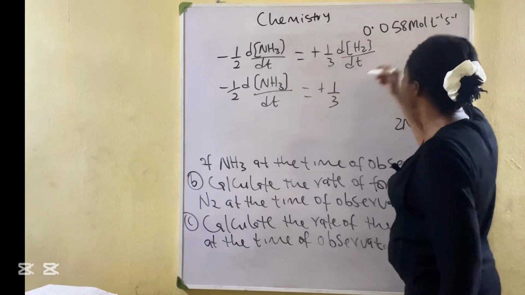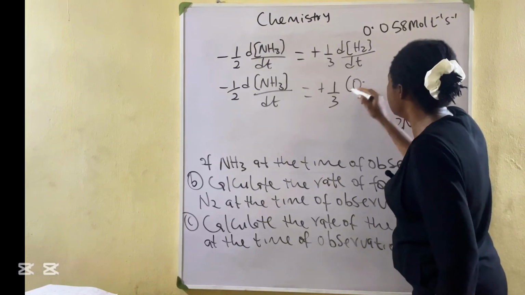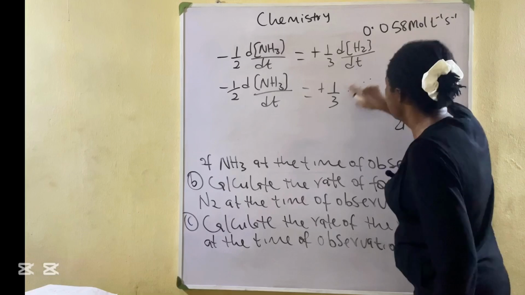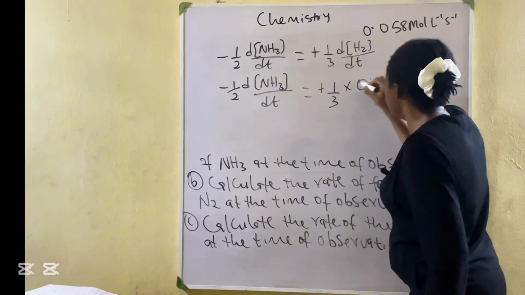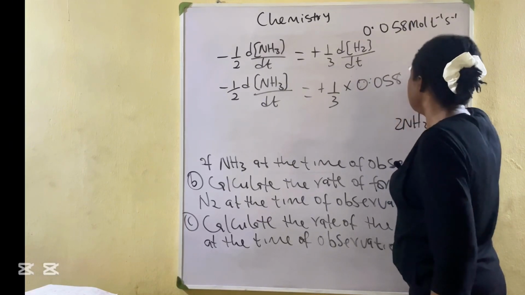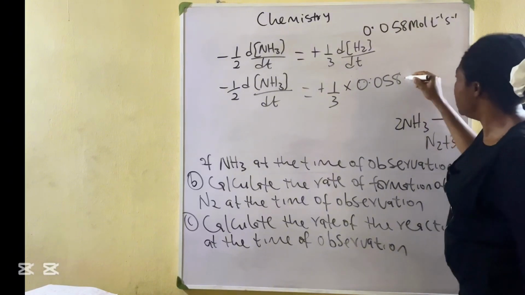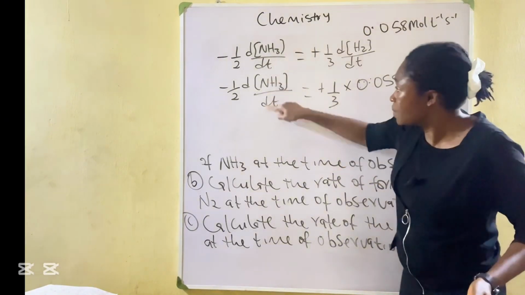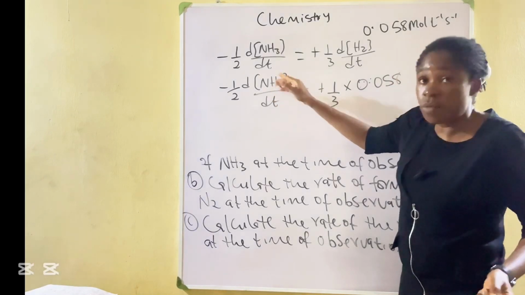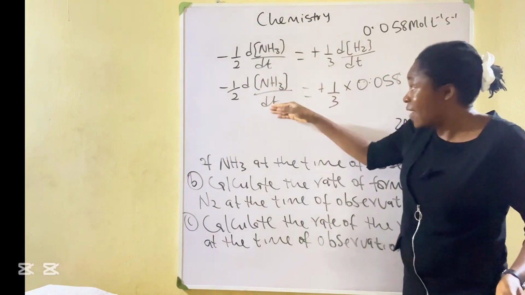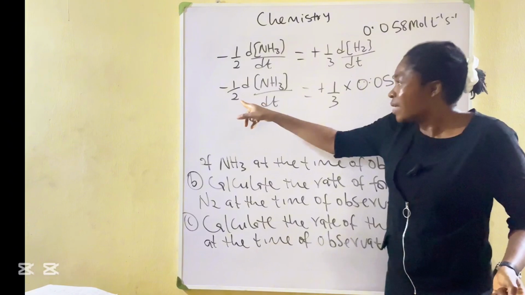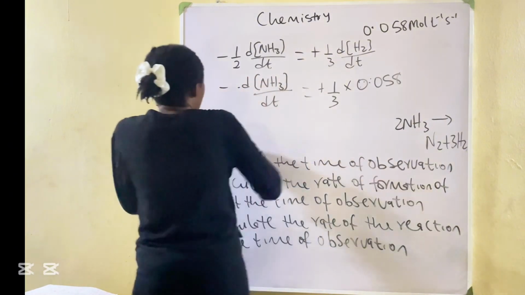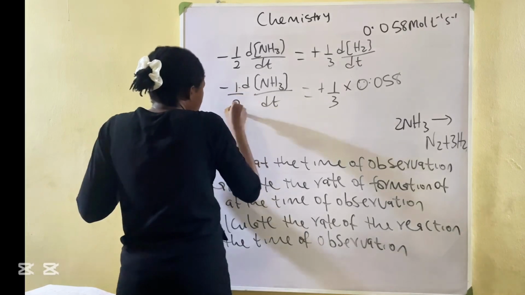So the value for the hydrogen is 0.058 mole per dm³. So how do I get this? Consider ammonia, change in concentration of ammonia over time. This 2 is 1/2. This value is 1/2.